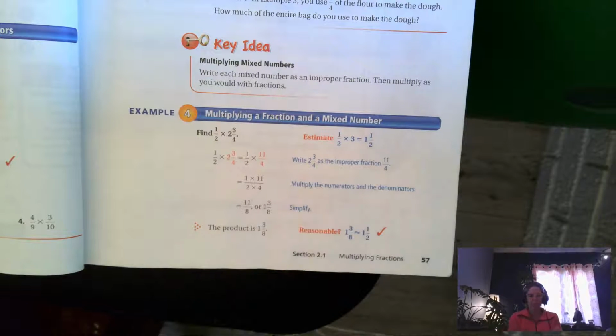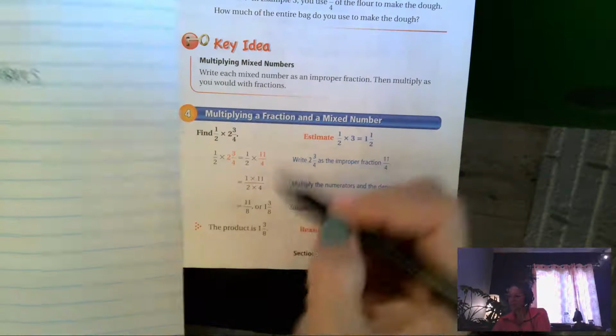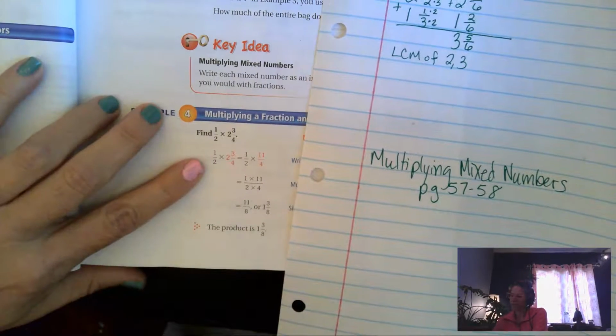So remember, when you write improper fractions, what you're doing is multiplying your denominator times your whole number and adding the numerator, with the denominator staying the same. So this example right here, 1/2 times 2 3/4.